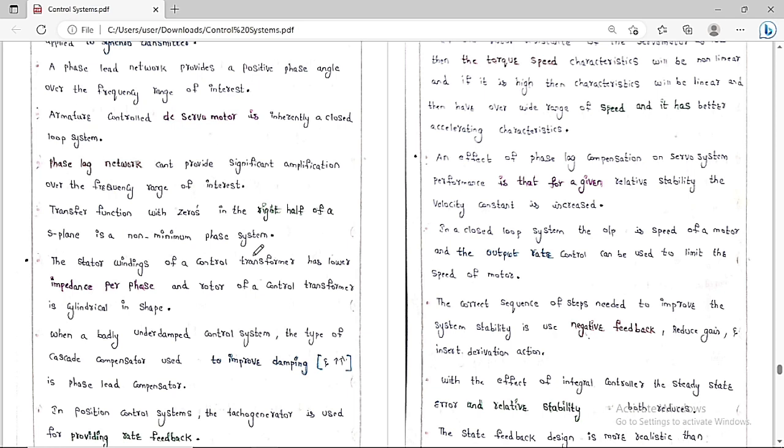Suppose I take a control system that is badly underdamped.